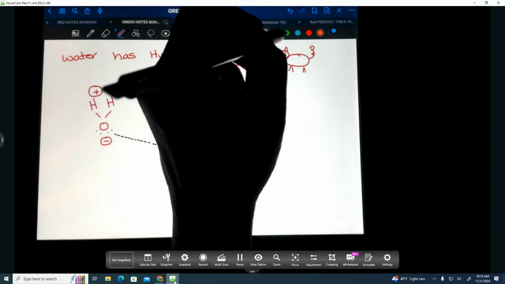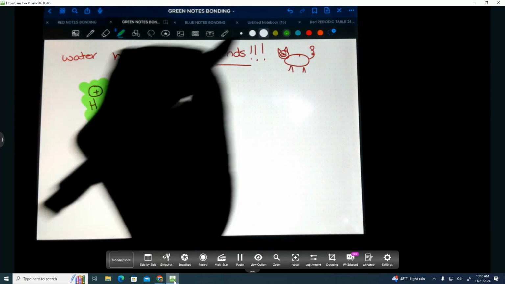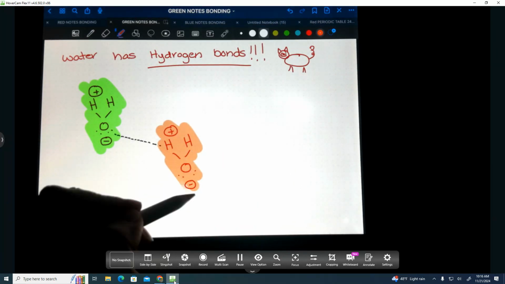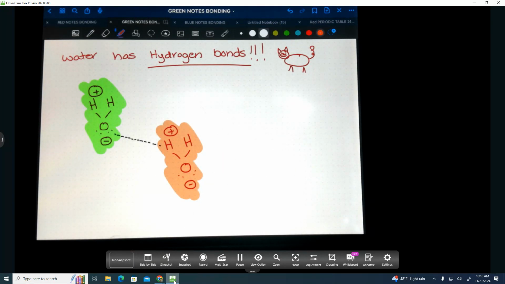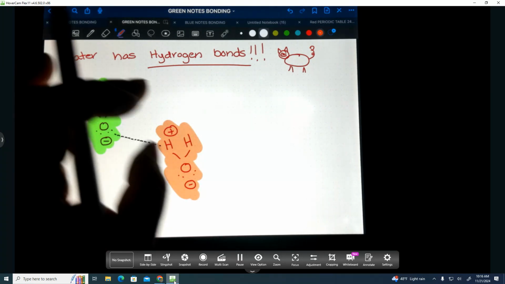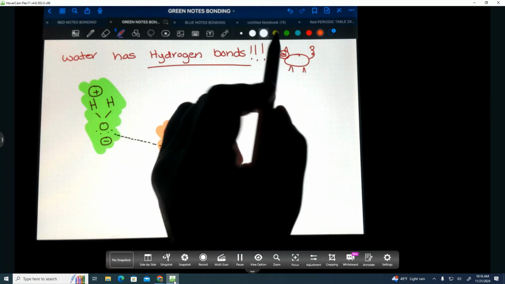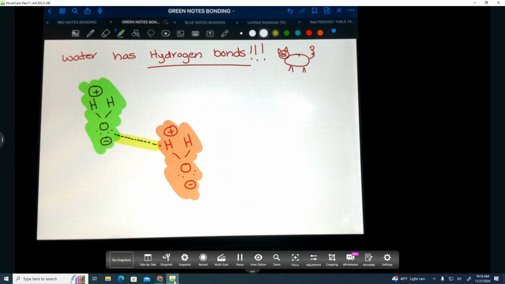Here's a molecule. Here's another molecule. They are not one thing. They're individual molecules. And there is an attractive force between them. That's the hydrogen bond. Water has a very high melting point and a very high boiling point. 0 degrees and 100 degrees are fairly high melting and boiling points.